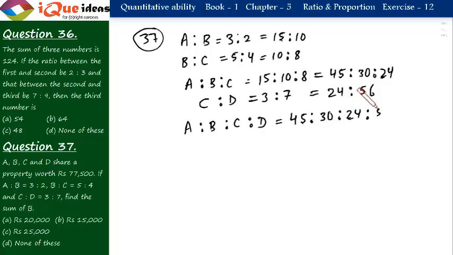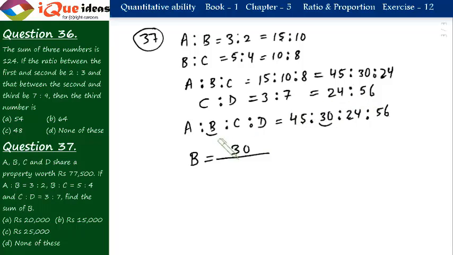And the total quantity given is 77,500. So we will need to find the value of B. So it is 30. So the value of B will be equal to 30 divided by the total sum, that is 45 plus 30, 75 plus 24, 24 plus 56 is 80.